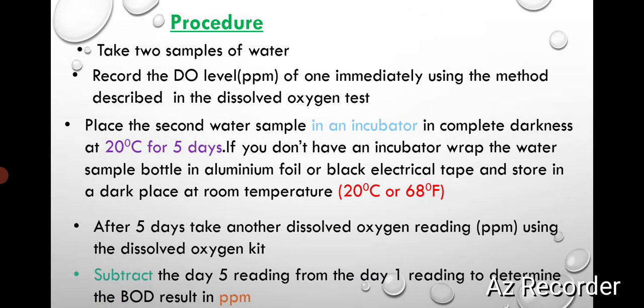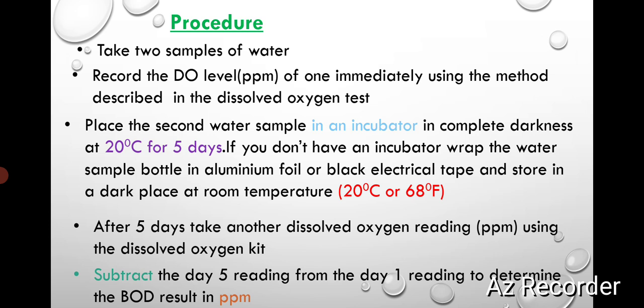Procedure: take 2 samples of water. Record the DO level in ppm of one immediately, using the method described in the dissolved oxygen test. Place the second water sample in an incubator in complete darkness at 20 degrees Celsius for 5 days.